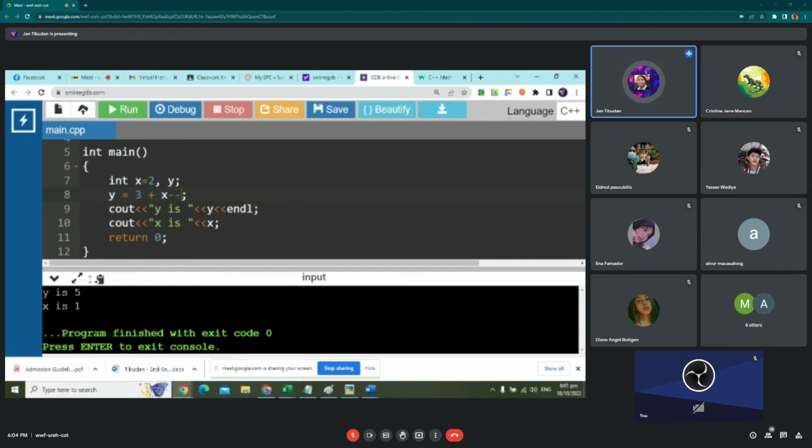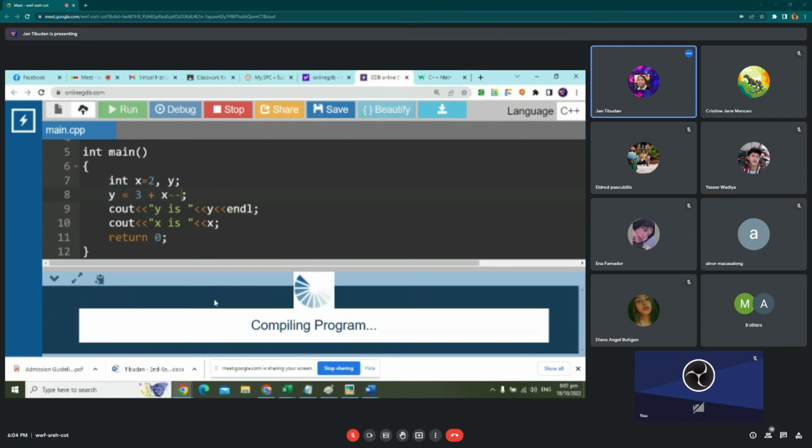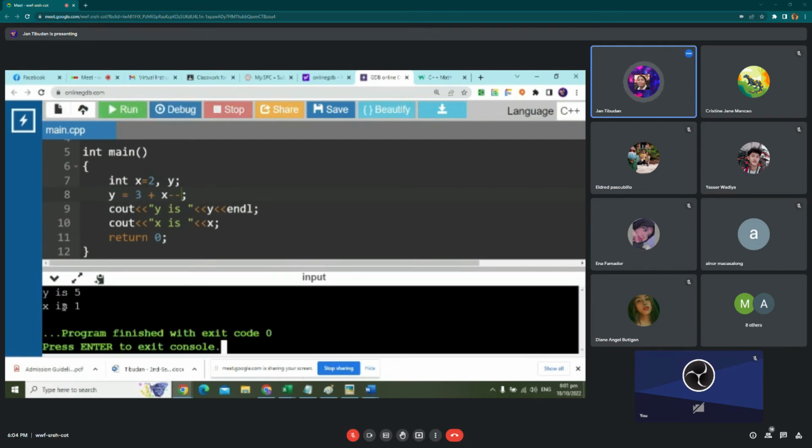What happened here is 3 plus x. Okay? So, you have there 5, since x minus minus, class. So, 2 minus 1, so x becomes 1. While the result of y, 3 plus 2, remains. So, it results in that.